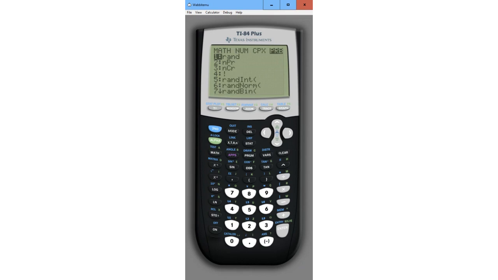So you got to hit that math button first, which is the third button from the top on the left. And then the first one, you don't need that. That's a random number. The fourth one is the plain old permutation.